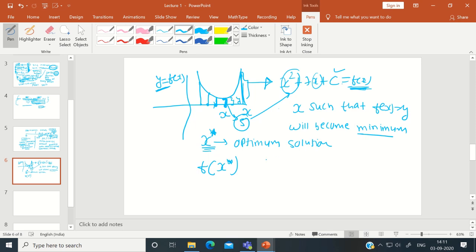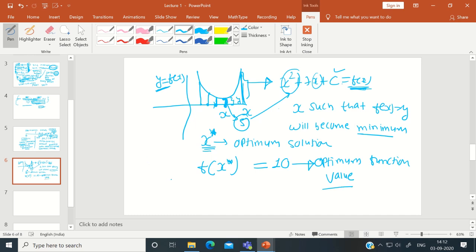Suppose I get the value of f of x is 10, this vertical distance of y or f of x, this vertical distance 10, is the optimum function value, or optimized function value.